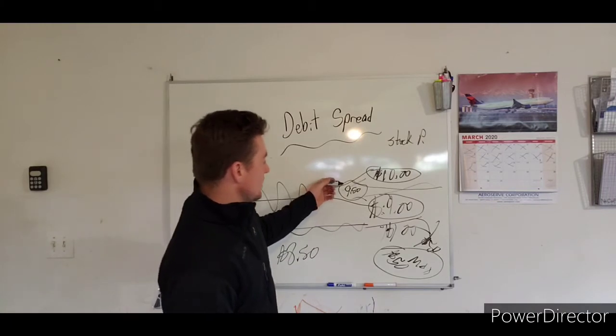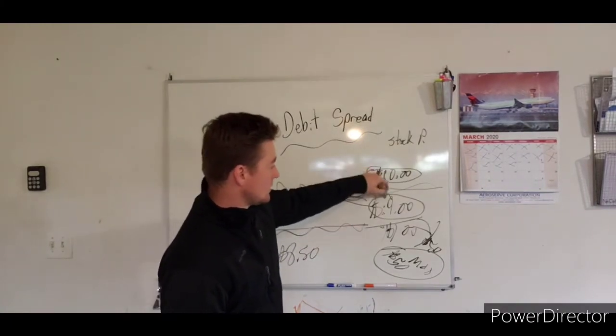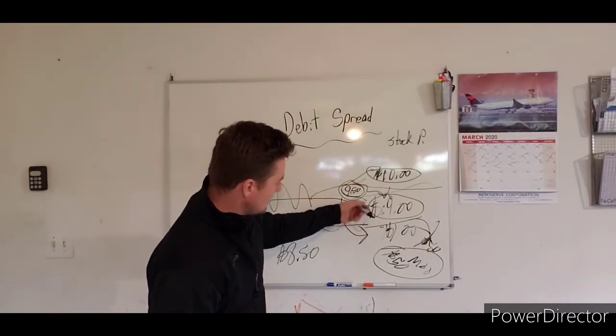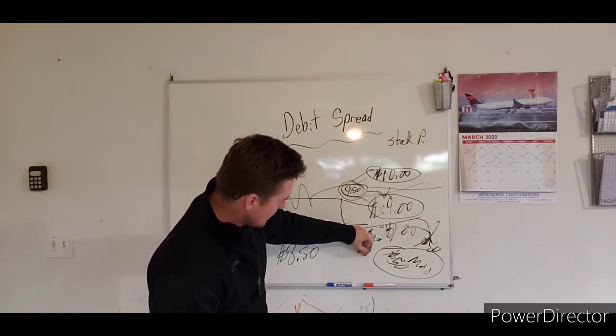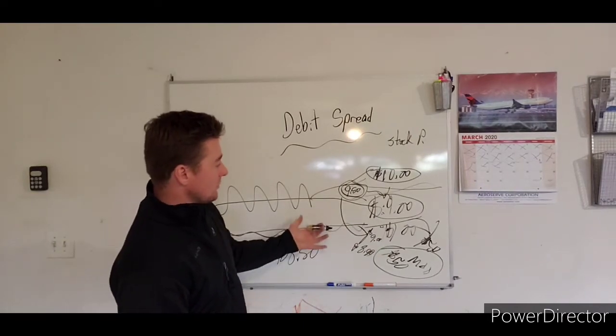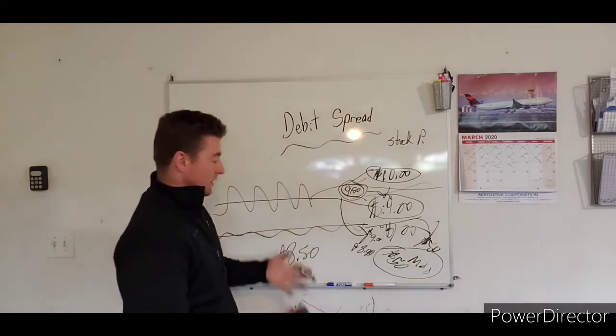Now, here's the issue. If it closes in the same spot, chances are you're not going to realize this profit. But if it closes in the money at, say, 9.01 or 8.99, you're going to close in the money, right? And what that's going to do is provide you with, at most, the max profit of the position, and or very, very close to it.